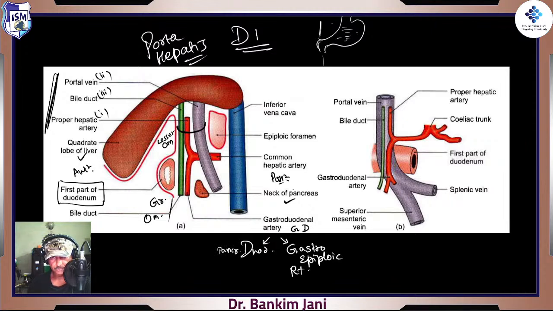And this is superior because inferior was coming from the superior mesenteric artery, right? So this is the superior pancreaticoduodenal artery. So that's the D and this is the G, and that's how it goes. Fine. Another angle, portal vein, bile duct, and hepatic artery. This gives one more idea: see the first part of duodenum, right?